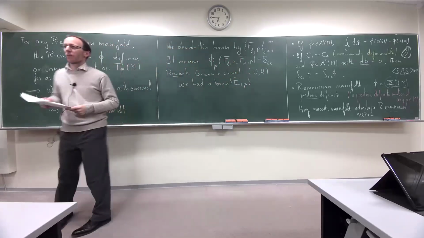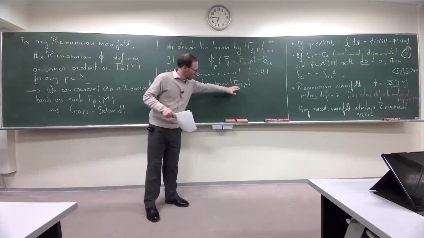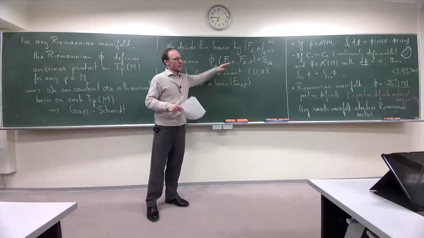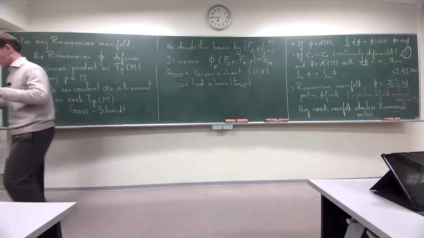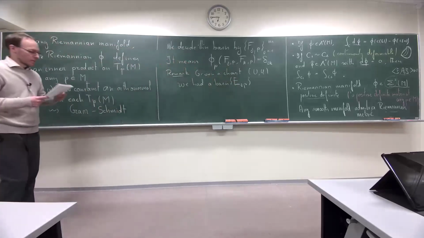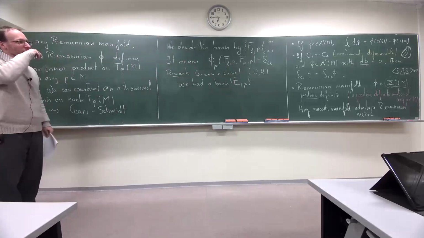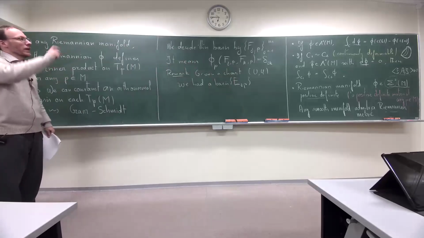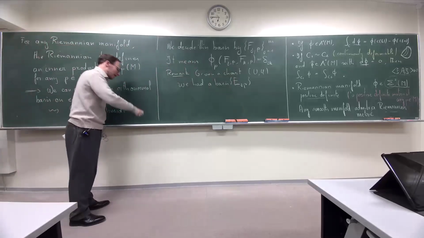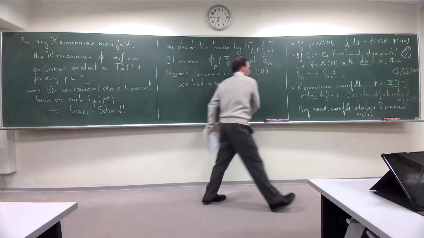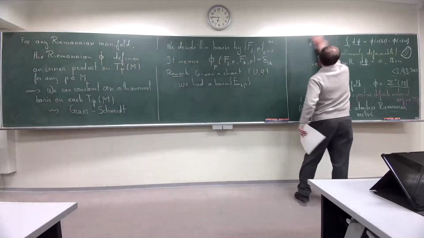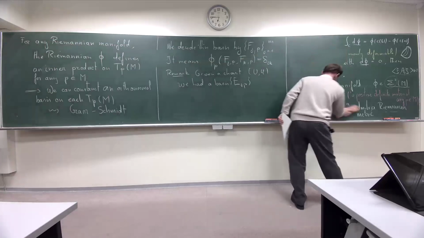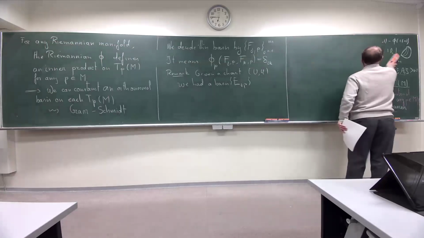So just be careful about this. This one was constructed on purpose. This one is a bit artificial. But at least we know that we can construct on each tangent space a basis which is orthonormal. And it's very useful for the next statement.